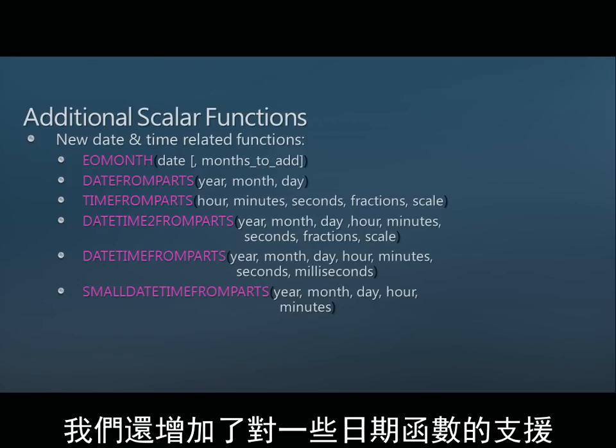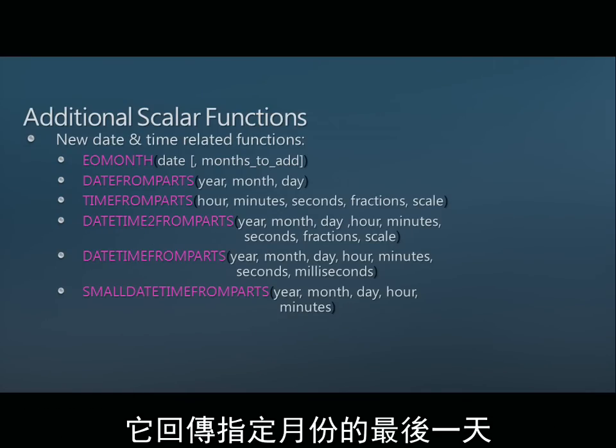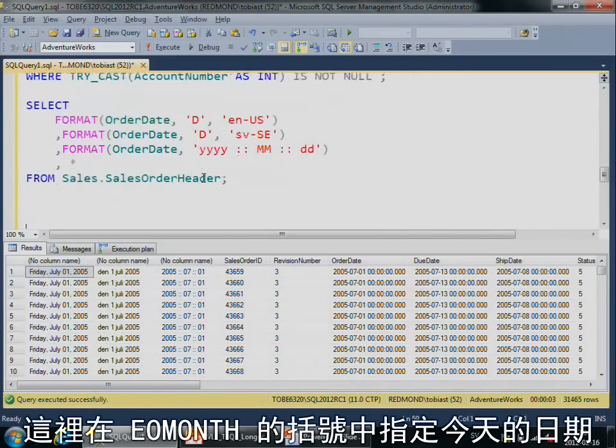We also added support for a few date-related functions. One, a long-time ask, is EOMONTH, which basically returns the end of the month for a particular date. So I can specify here, okay, what is the EOMONTH for today?